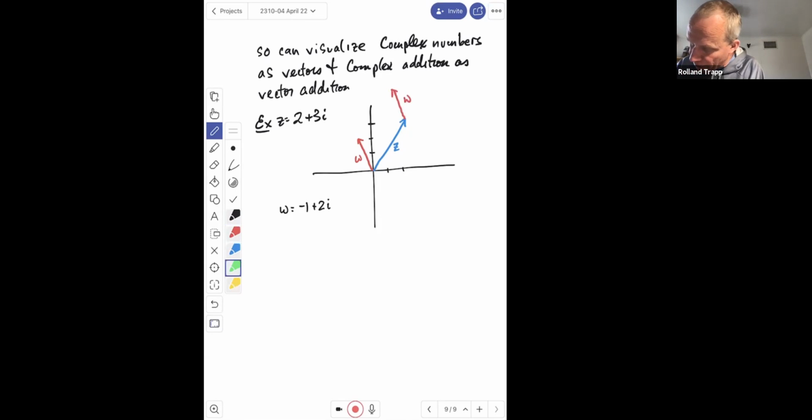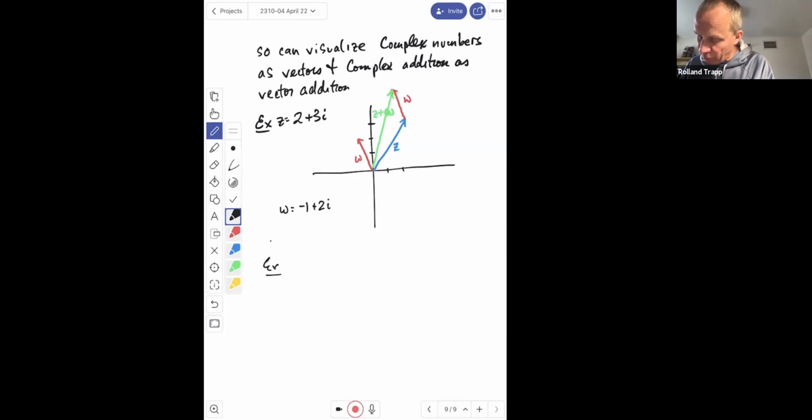And so the vector from the origin to the tail of Z to the tip of W, that is the complex number Z plus W. Okay, so I can have example sketch.